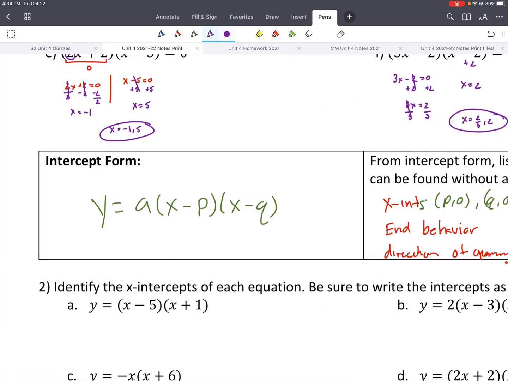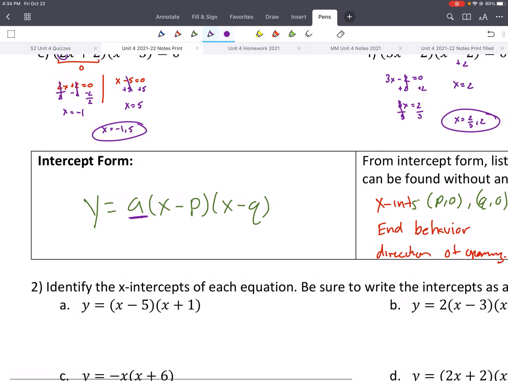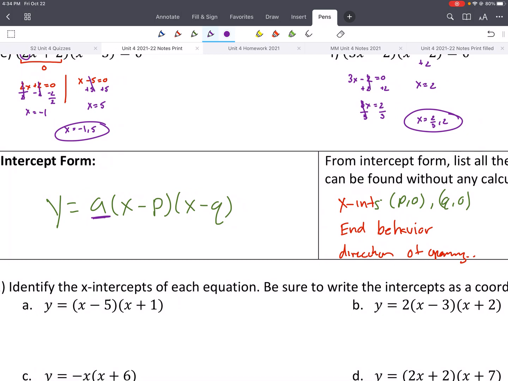They all start with y equals, and then we have a, the same a that we used before. And then we have x minus p and x minus q, where p and q are your x-intercepts or solutions, just like we did above.